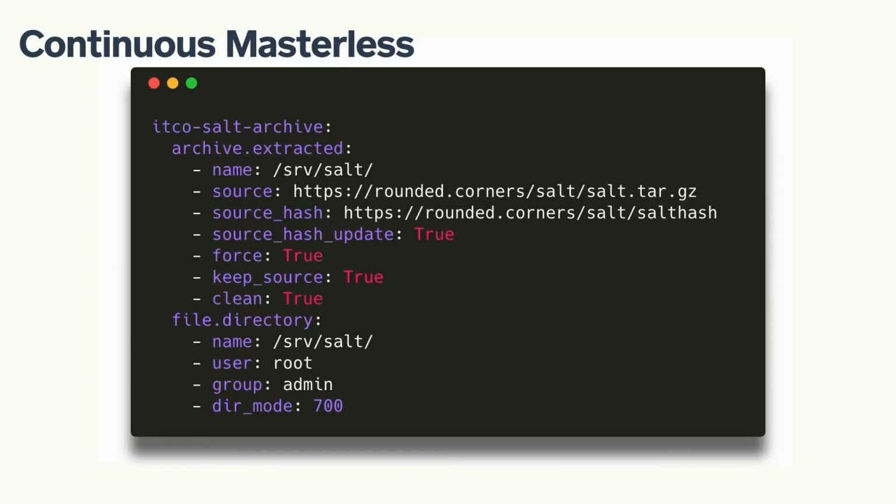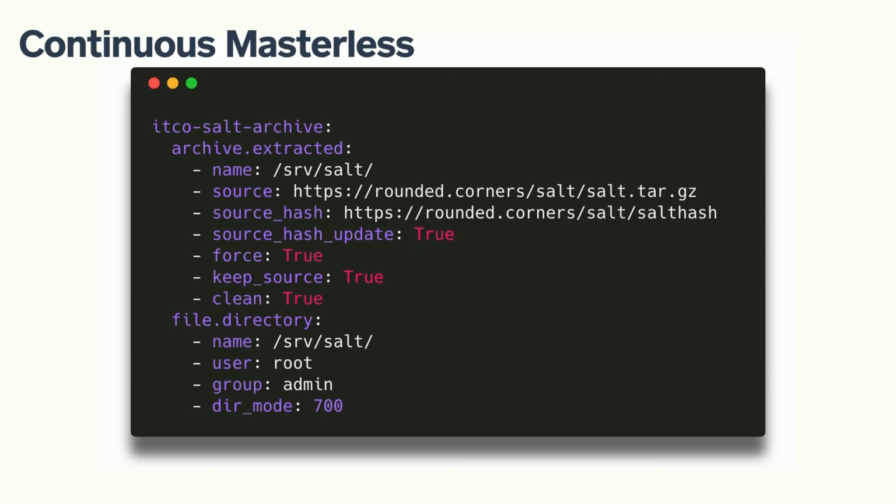So salt actually has an archive state where you can specify where you want to pull the particular archive from and extract it. So in this case, we have a tarball sitting on the rounded dot corners salt directory there.